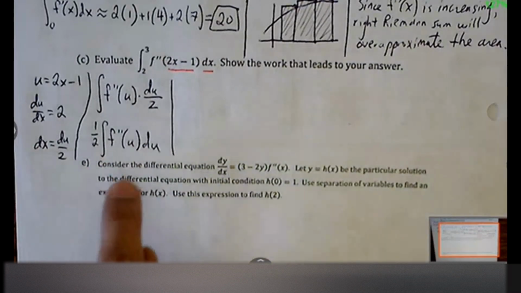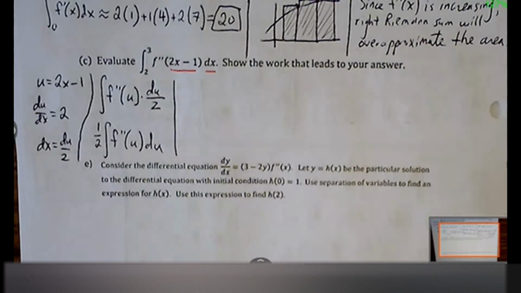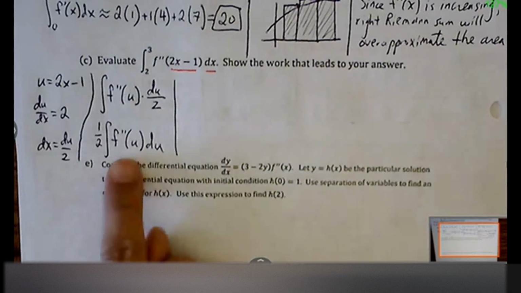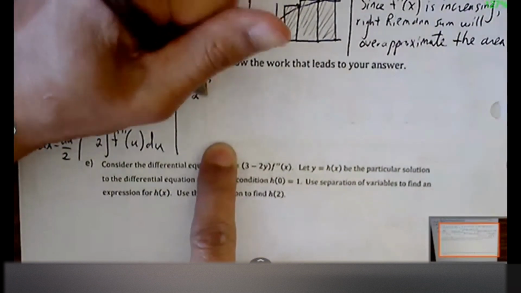So we don't do anything like power rule, right? We know that f double prime of u is just going to rise up to f prime. That's just application of the first theorem. So take care of the antiderivative.